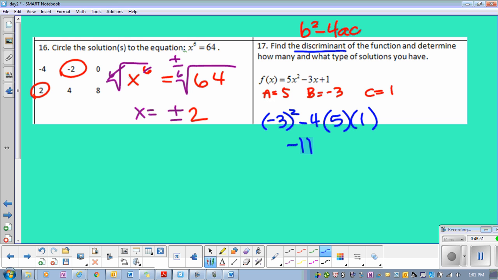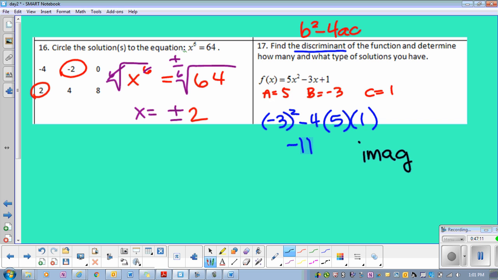-11? So Louise, since we have a negative number as the discriminant, what does that mean about the type of solutions and how many? Does that mean I have real solutions? Oh, okay, so it's not real, then it's going to be imaginary, right?